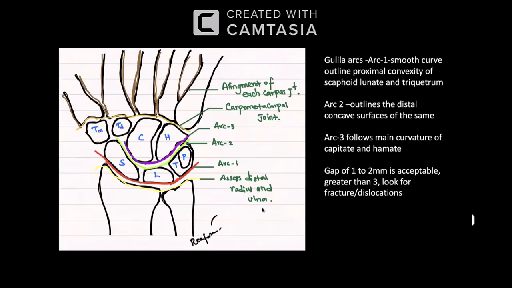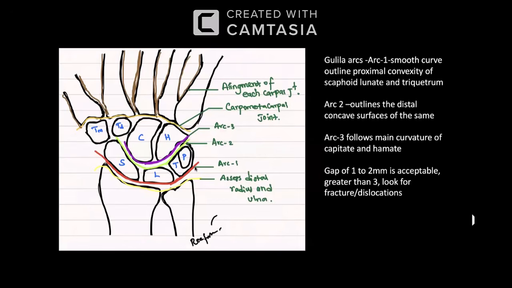Whenever you are given a wrist radiograph, remember the arcs of Gilula. So there are 3 arcs. See, the arc 1, or first, this yellow line indicates the line which describes the distal radial joint congruity or its alignment, whether there should not be any negative or positive ulnar variance in this alignment.